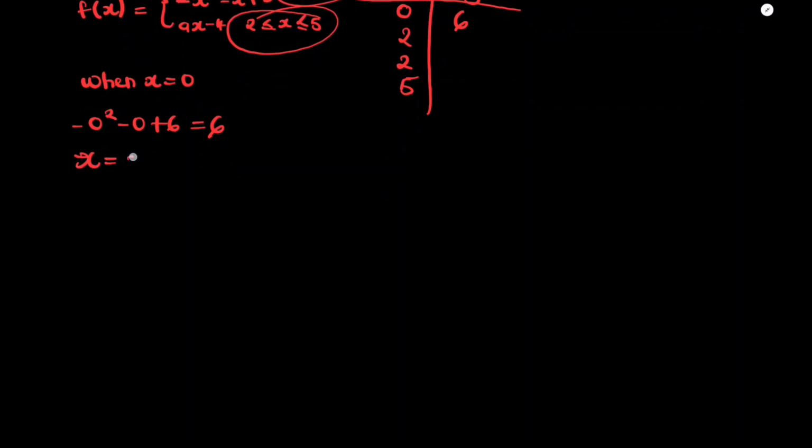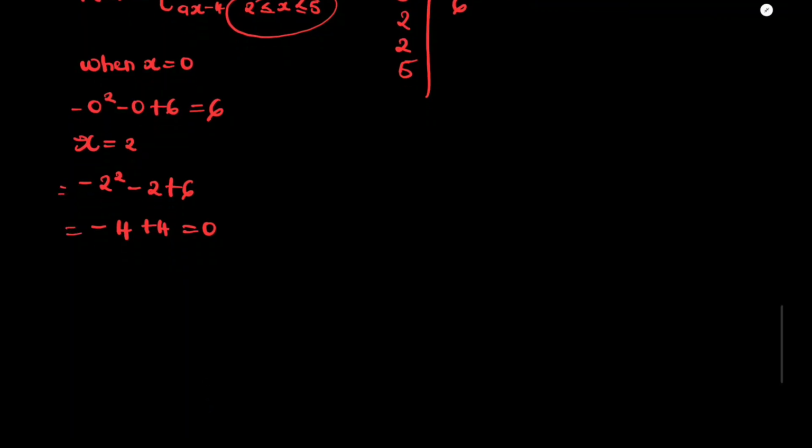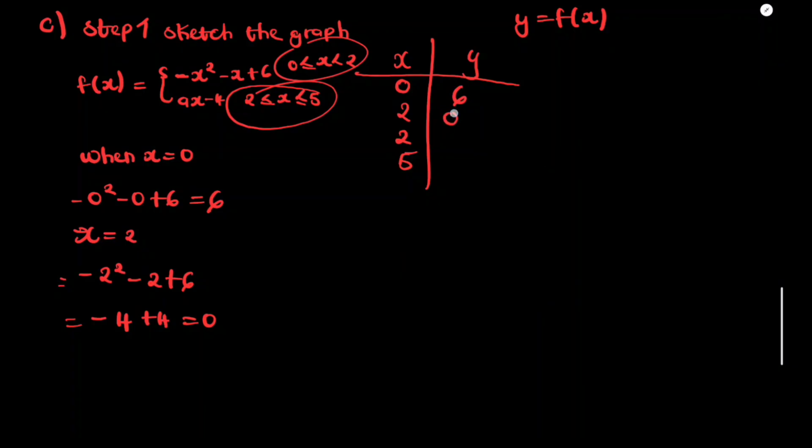When x is equal to 2, we have minus 2 squared minus 2 plus 6. Sorry, this is not right. This is minus 4 plus 4, which gives us 0. So when x is 2, y is 0.